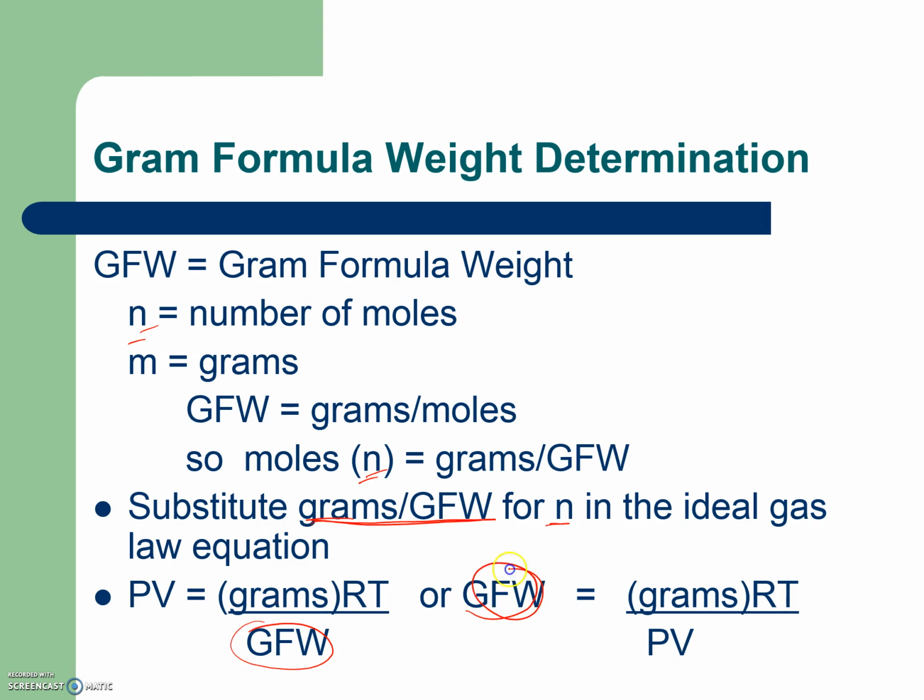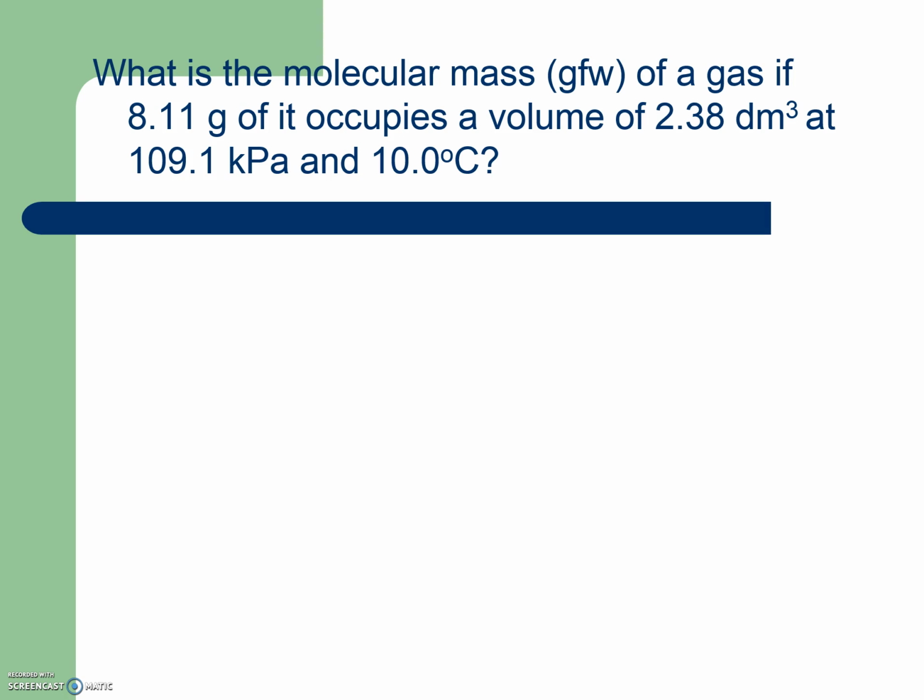So gram formula weight is equal to grams RT over PV. And that's going to be our simplest way to solve for gram formula weight as sort of a one-step problem. All the rules for using PV equals nRT still apply. Kelvin, liters, gas law constant.